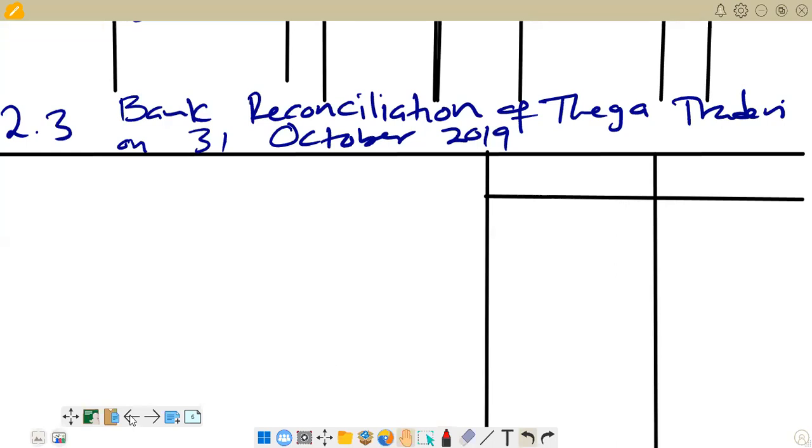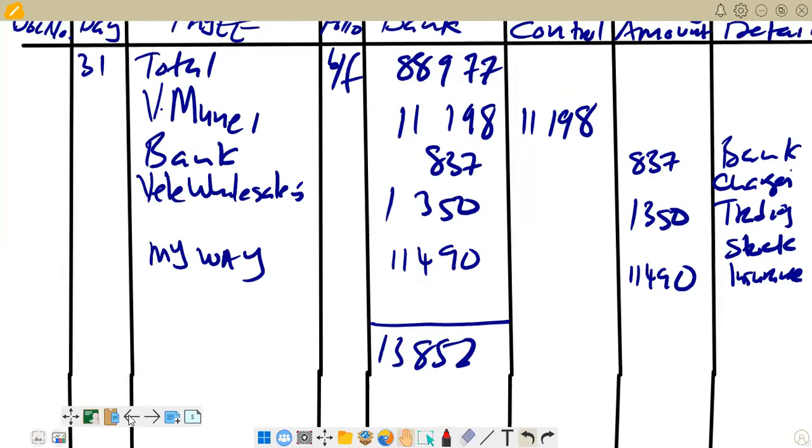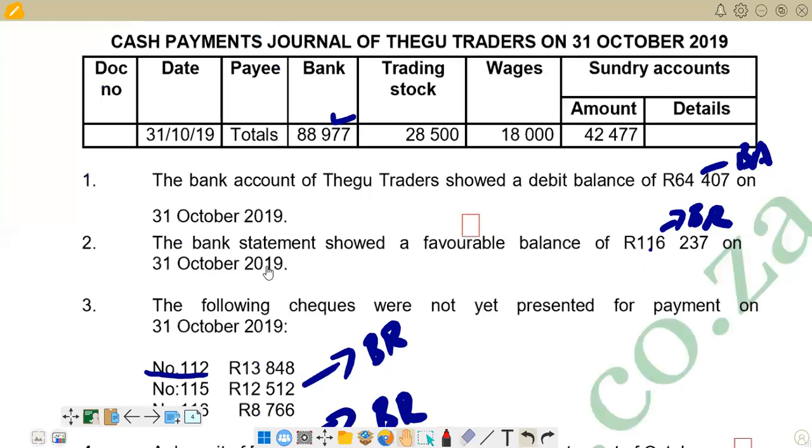So we go back there and try to see what we have in terms of opening balance in the question. There's a mistake there. It's supposed to be unfavorable.